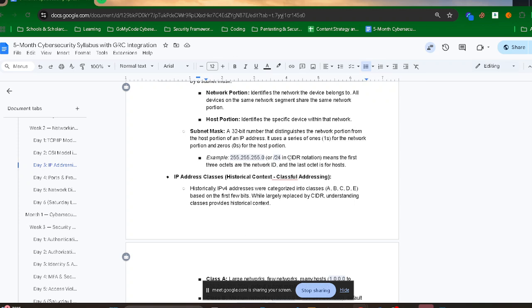This slash 24 now is telling us the number of ones that we have. Let me, I wanted to show something the other time.